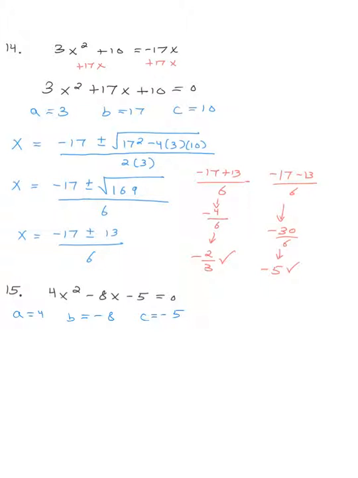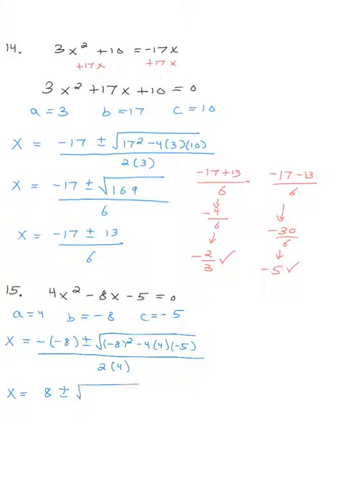Since this is already set equal to 0, my solutions are negative b plus or minus the square root of b squared minus 4 times a times c, all divided by 2 times a, which when I simplify this gives me 8 plus or minus the square root of, okay, negative 8 squared minus 4 times 4 times negative 5 gives me 144, all divided by 8. And that's 12 under the square root.